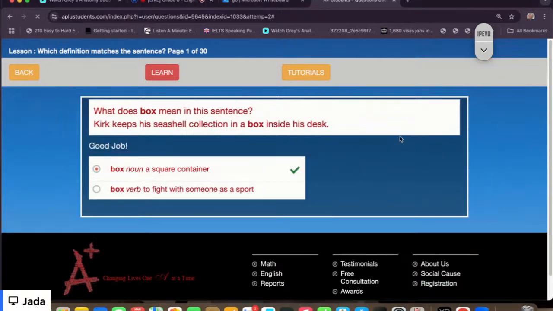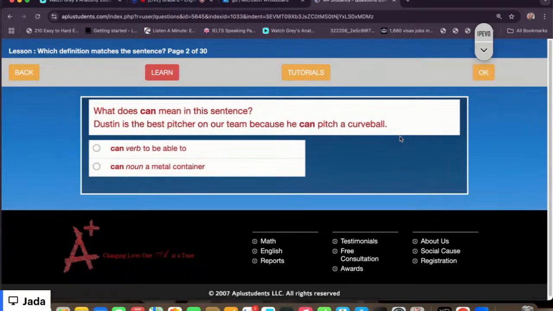All right. So we have, what does can mean in the sentence? "Dustin is the best pitcher on our team because he can pitch a curveball." So what does can mean? Can, verb, to be able to; can, noun, a metal container. So what is the right meaning here?